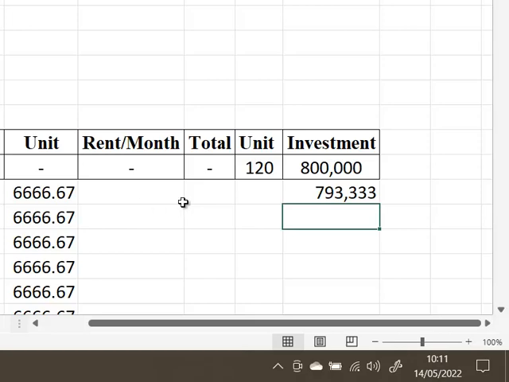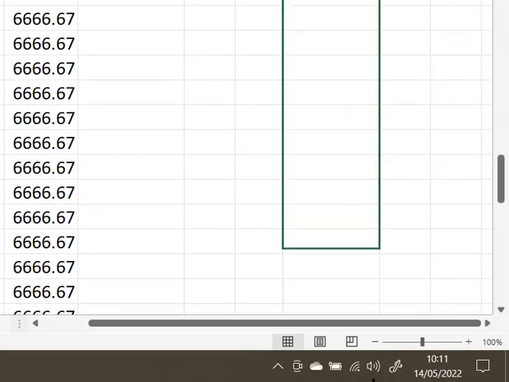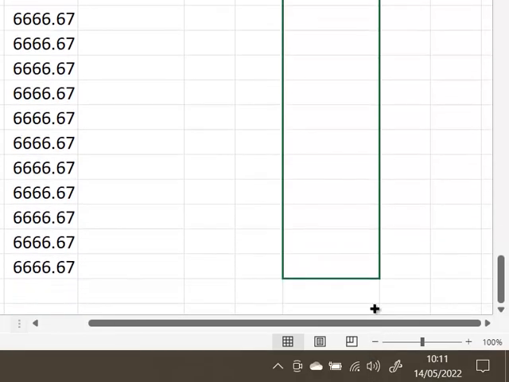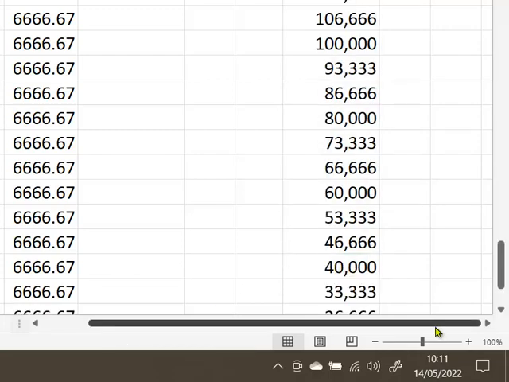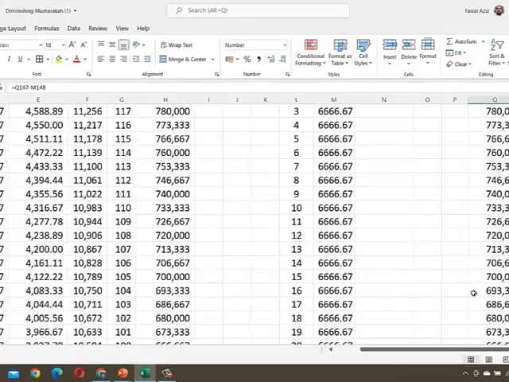Then I will drag this column down, and you will see that the bank's investment will reduce, and by the time it reaches month number 120, the bank share will be 0. This is what I have calculated.